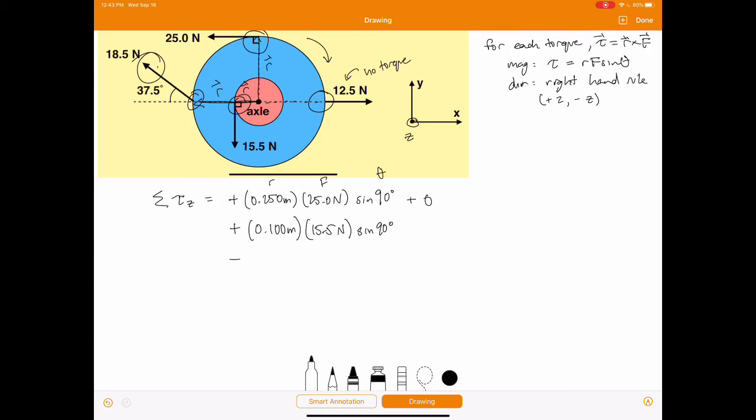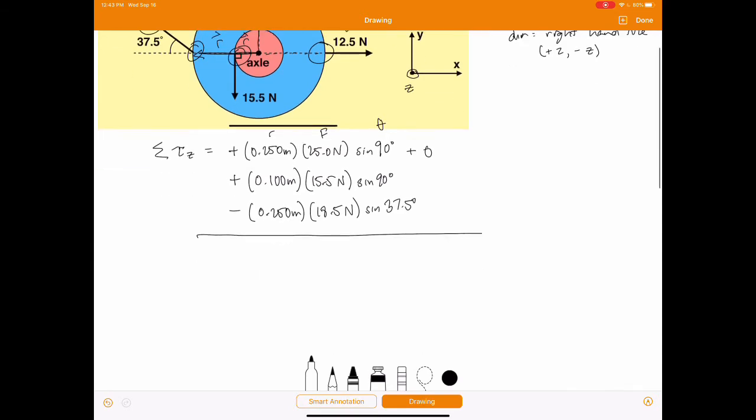Okay, now, the radius, now we're using the outer radius once again. So that would be 25 centimeters or 0.25 meters. The amount of force is 18.5 newtons. And now the angle between the force and the r vector is 37.5 degrees. That's just straight from the diagram. So we add all this together, and you'll find it comes out positive 4.984 newton meters.